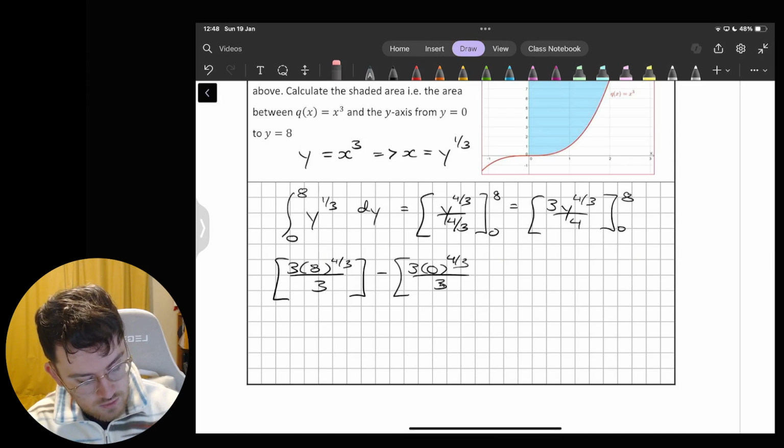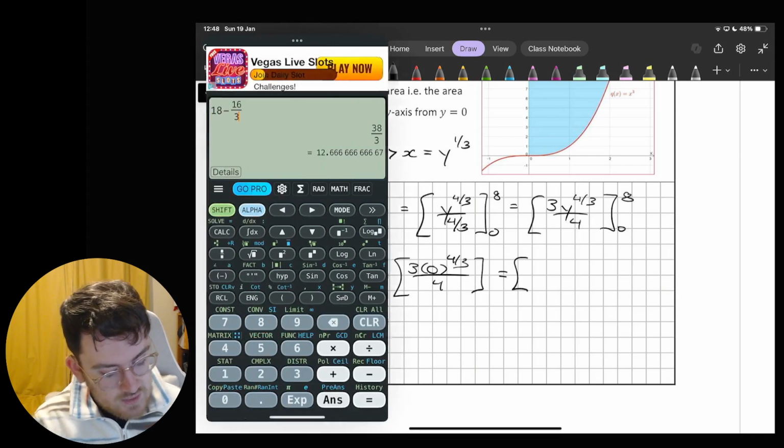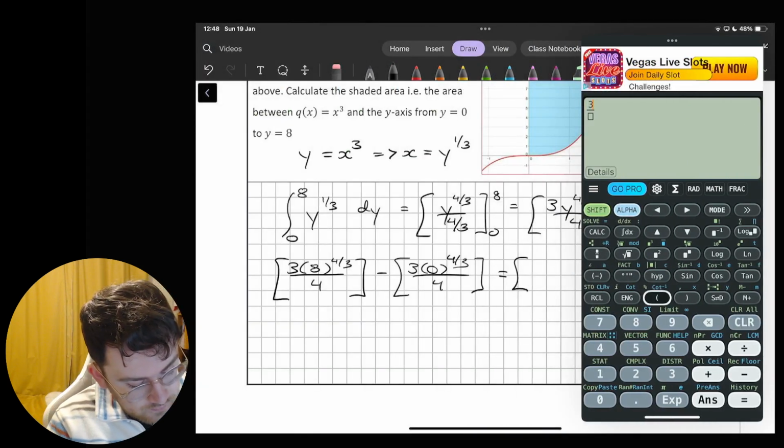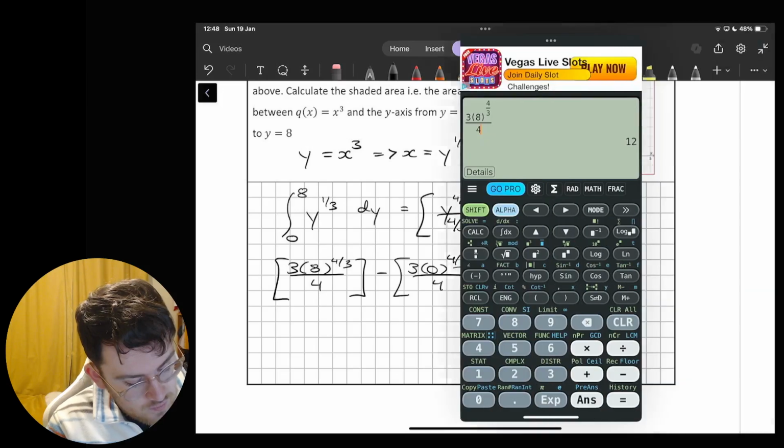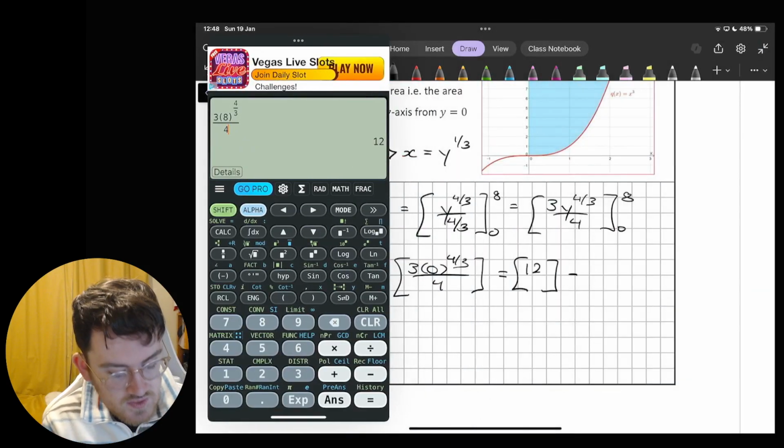Sorry, excuse me, that should be over 4 as opposed to 3 here. Okay, so working with the 8 first of all, 8 to the power of 4 over 3 times 3 over 4 gives me 12. Looking at the 0, I'm expecting 0. We're multiplying something by 0, we get an answer of 0.